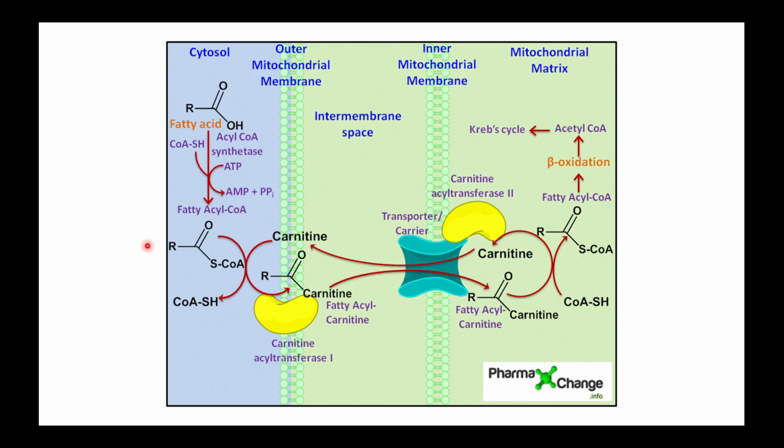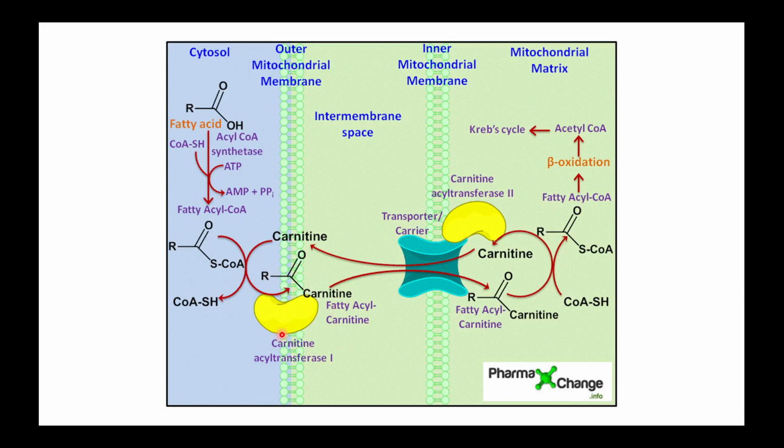So you had this fatty acid to which the coenzyme A was added. Now this coenzyme A will be released, and in its place carnitine will be added. So this will be fatty acyl carnitine. This was fatty acyl coenzyme A, and now instead of coenzyme A, you have fatty acyl carnitine. This is converted by carnitine acyl transferase.